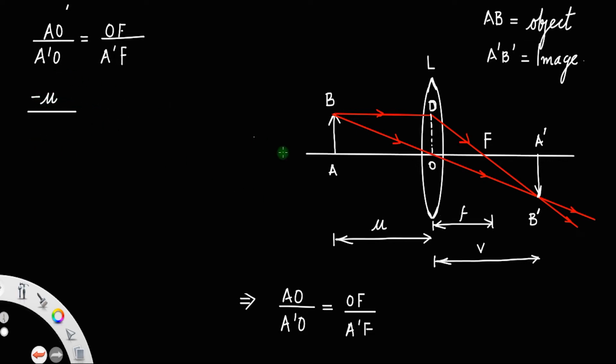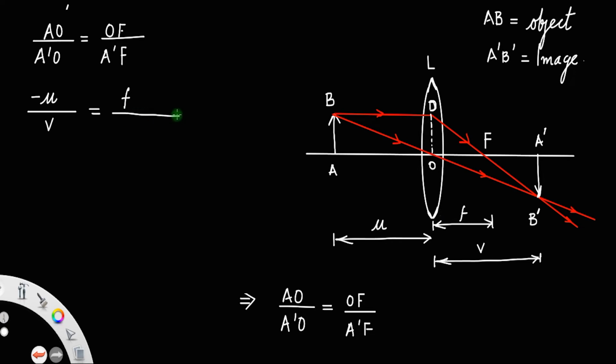But what about A dash O? A dash O is V, the image distance. But since it is on the right side, you don't have to write the minus sign. So by V is equal to, what about OF? OF is equal to the focal length F. Also it's on the right, so you don't have to put the minus sign.